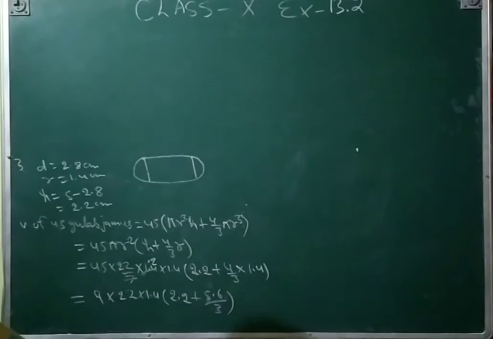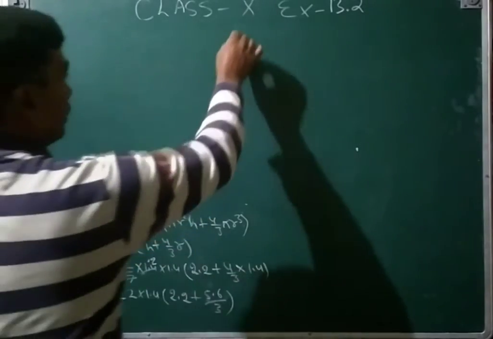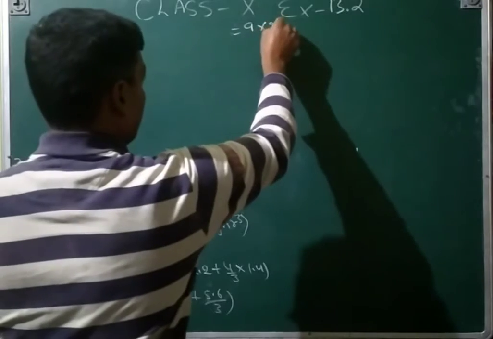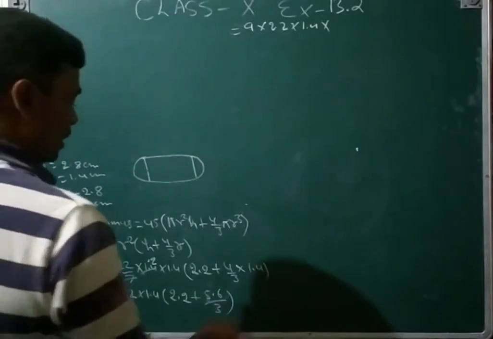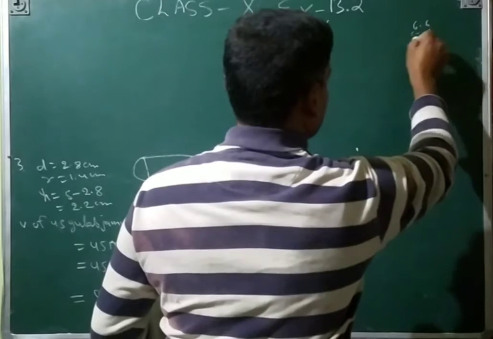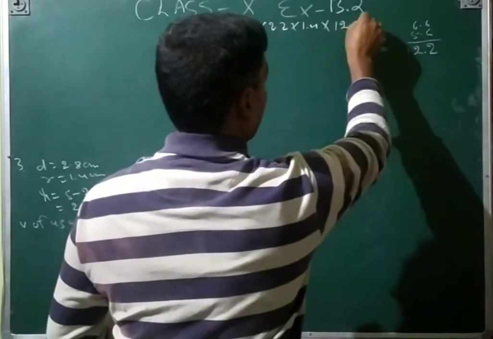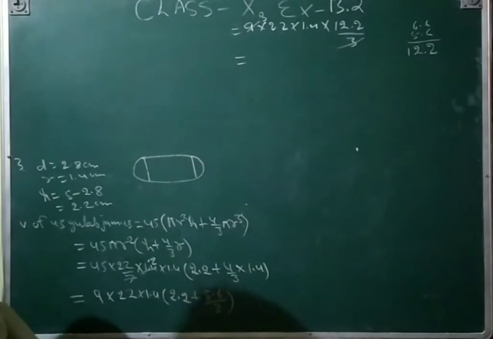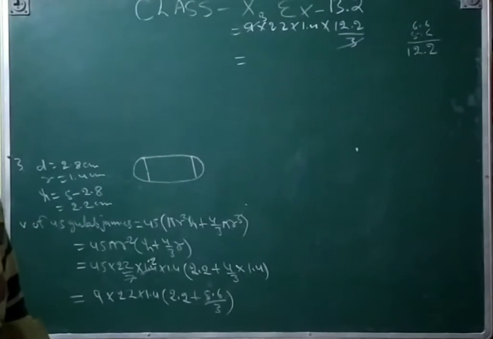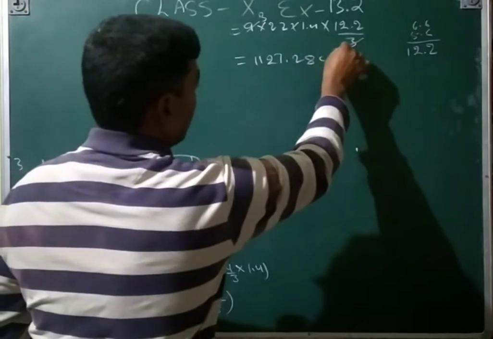This is just a lengthy type of question. So 9 into 9 into 22 into 1.4, then 12.2 upon 3, and on simplifying the answer will become 1127.28 centimeter cube.